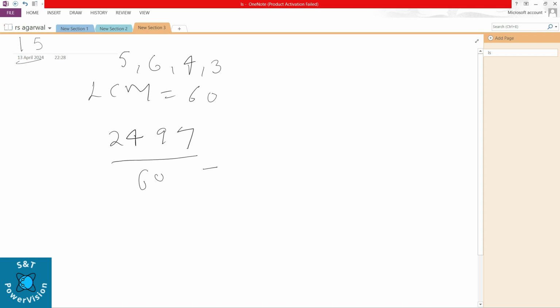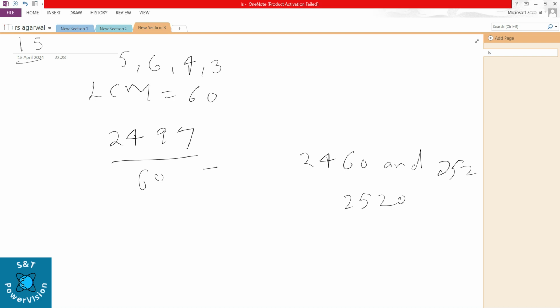So here it is coming 2460, and the next multiple is 2520. If we divide 2497 by 60, the multiple just before is 2460 and the next multiple after 2497 is 2520 here.